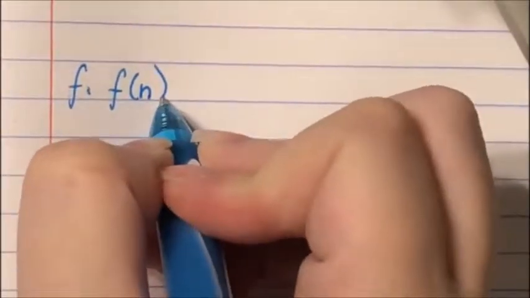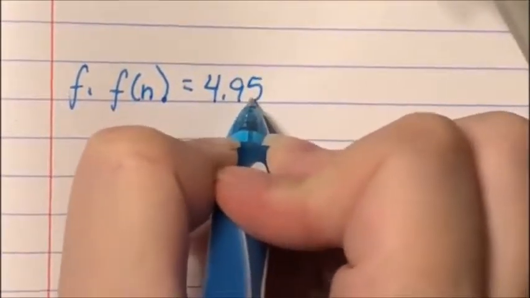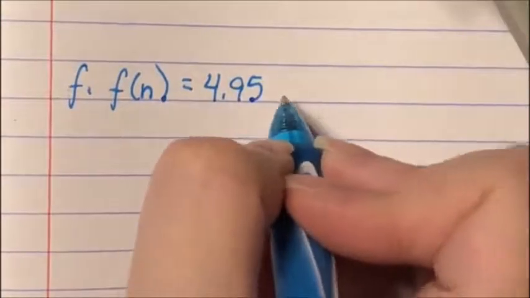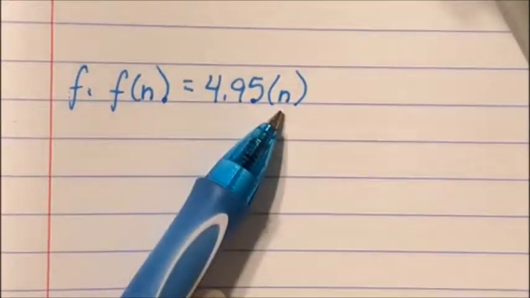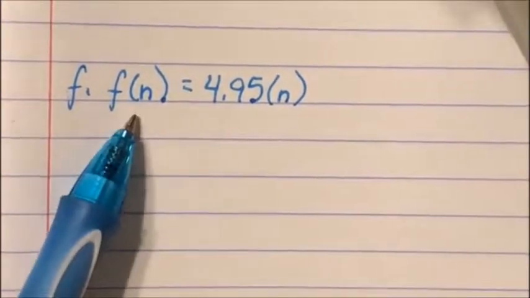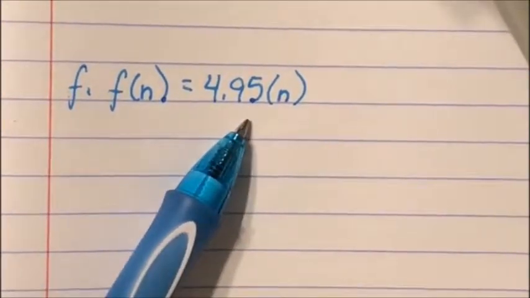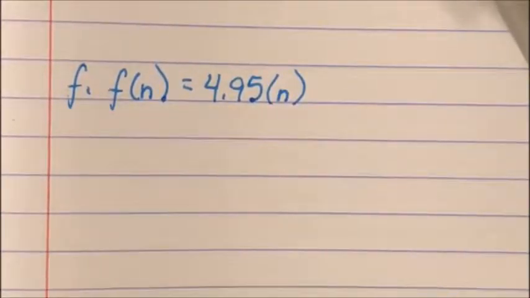So my function is f of n equals 4.95 times n, the number of stamps. Because the number of stamps times 4.95 would give me the total price. So my domain gives me my range.